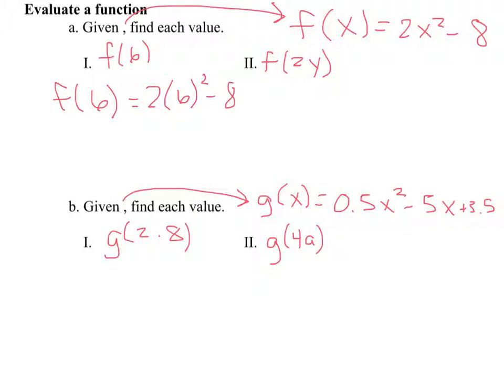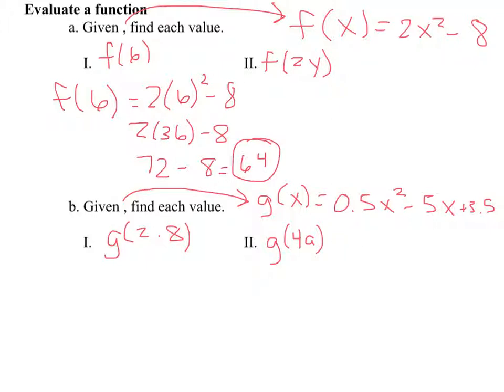We're going to do our 6 squared first. So we're going to have 2 times 36 minus 8. Remember, we always want to use PEMDAS. We want to follow our order of operations. So we're going to have 72 minus 8, which equals 64 for our final answer.